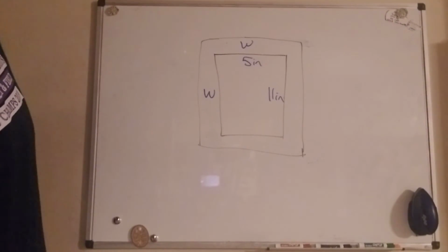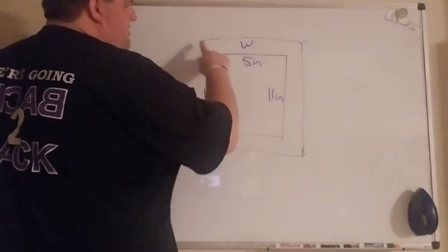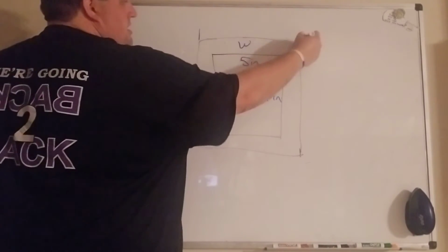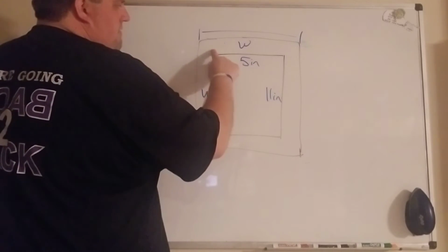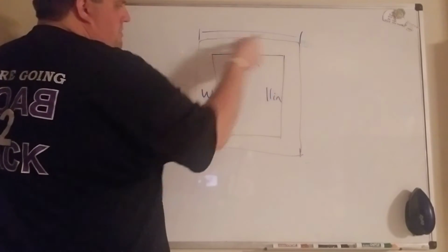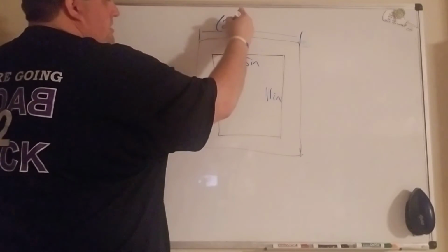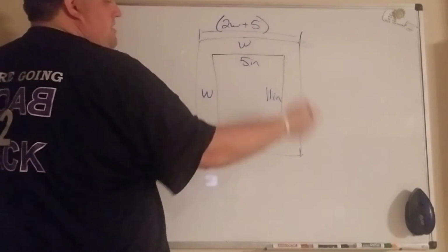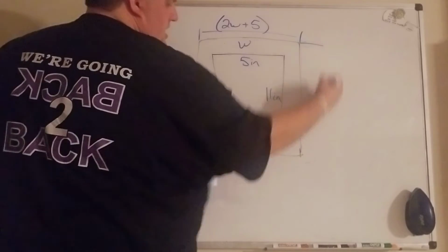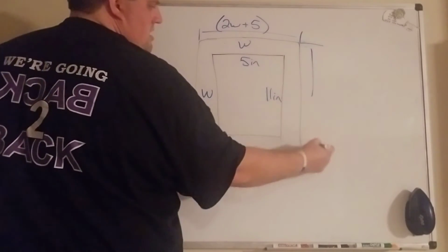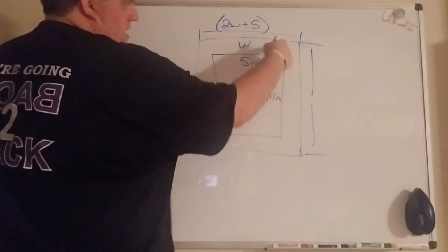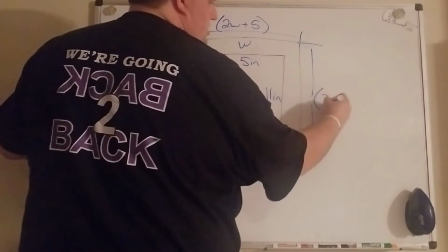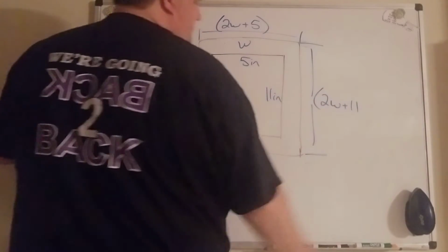All right, cool. So to write this side from here to here, it's going to be 5 and a W and a W, so 2W plus 5. And then this side, from there to there, is going to be 11 and a W and a W, so 2W plus 11.